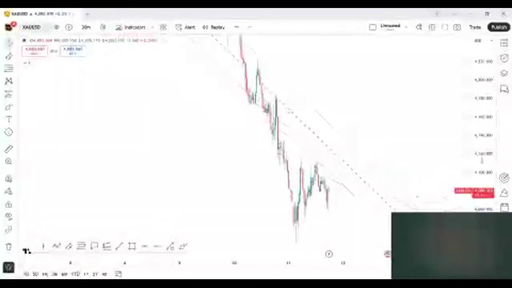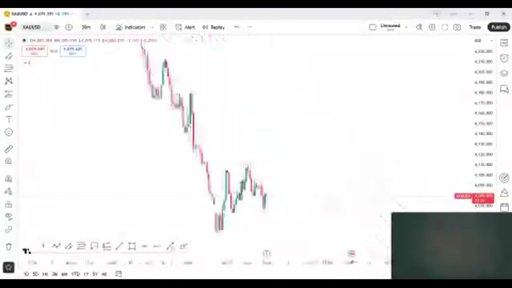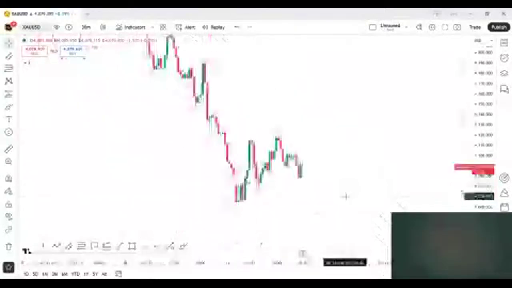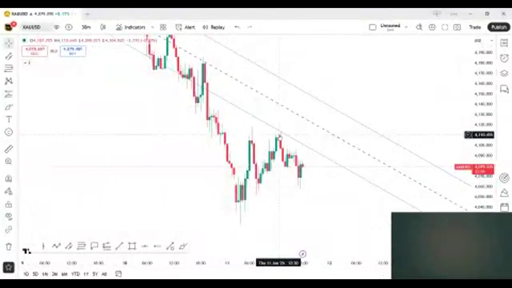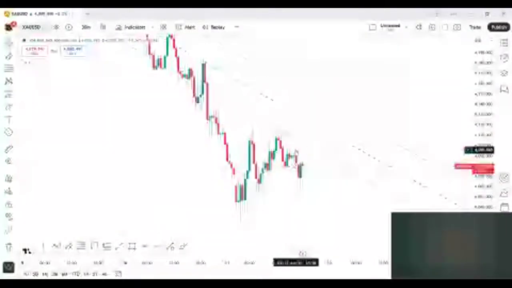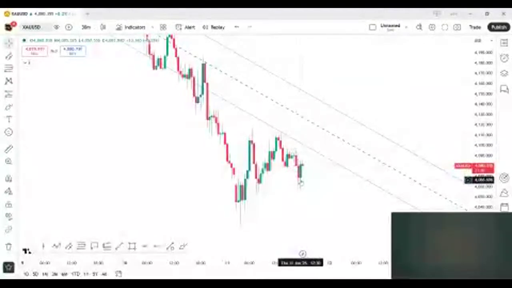As you can see, in our VIP today we made really great profits. We kept selling at this zone. First we sold gold at 4108 in this area and secured our TP2, which was 4080. Again we sold gold from 4095 in this area, and again secured really nice profits.